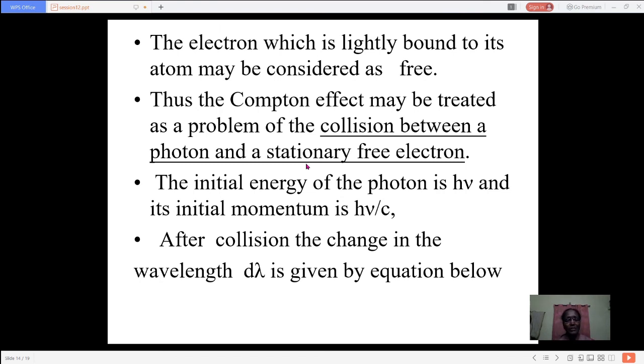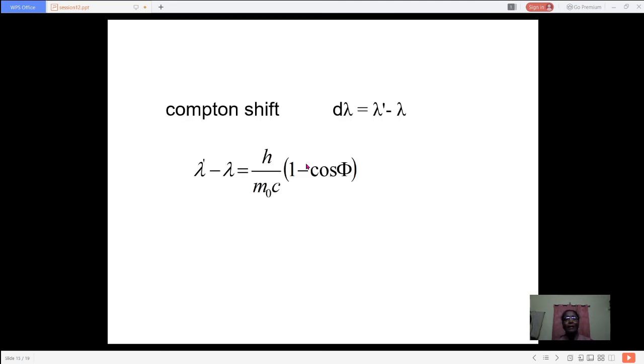After collision there is a change in wavelength of the scattered photon, d lambda, given by the formula d lambda equals lambda dashed minus lambda. Lambda dashed is the wavelength of the scattered photon, and lambda is the wavelength of the incident photon. They depend entirely on the angle of scattering phi.